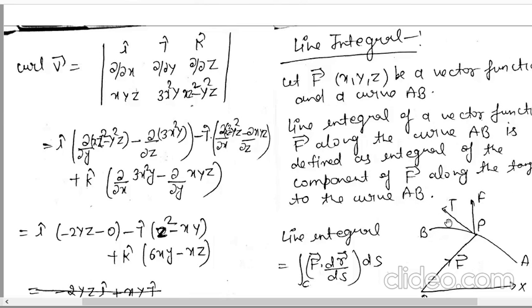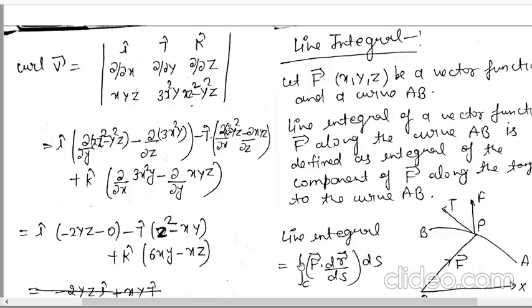So this is your tangent T, and if y is equal to mx, so dy by dx is equal to m is your tangent, m is equal to tan theta, right? So here tangent is dr upon ds, right?